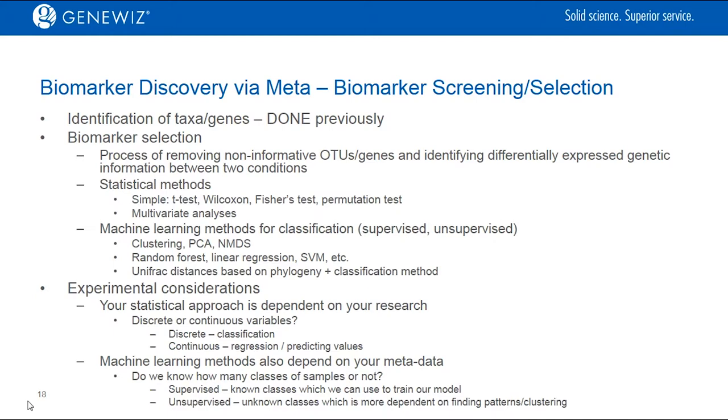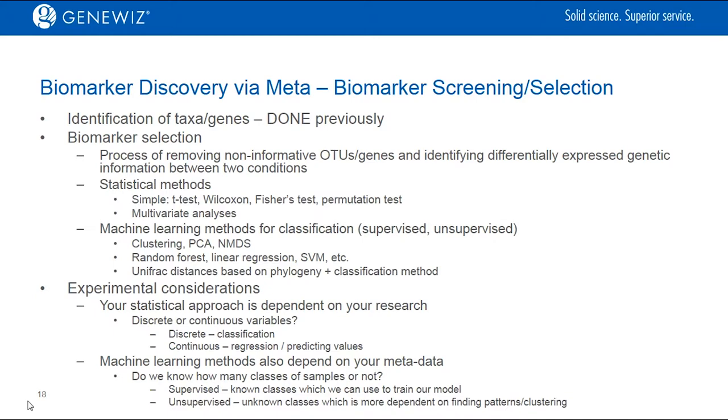So we've already identified the taxa and genes in our metagenomic samples. Now what we need to do is find the major statistical differences between samples of different conditions. We can use combinations of basic statistical methods like a t-test or Wilcoxon rank sum test, or we can do clustering by measures of UniFrac distances with methods like principal coordinate analysis or principal component analysis to find separations in the data.